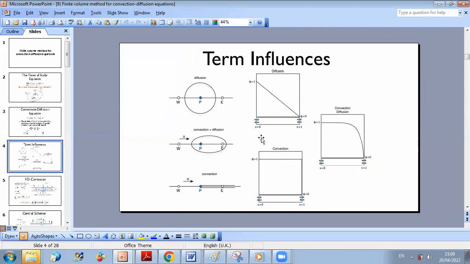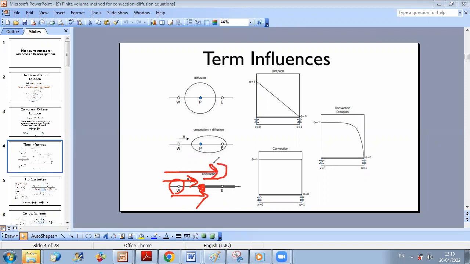For convection, in general, the convective flux is more affected by the direction of the flow velocity. If you have, let's say, a flow going from the west point to the P point, the value of the temperature at P will be affected by the value at west, because the convection flux will transport the variable in this direction.